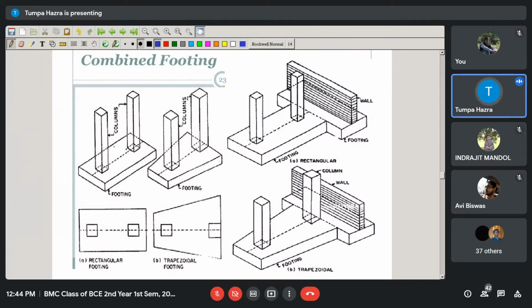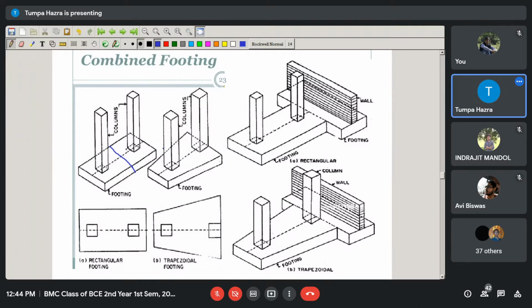Here, if you construct an isolated footing for each column, the distance between the two footings is small. So it is beneficial for construction as well as economic purposes to construct one single footing rather than two isolated footings for separate columns.